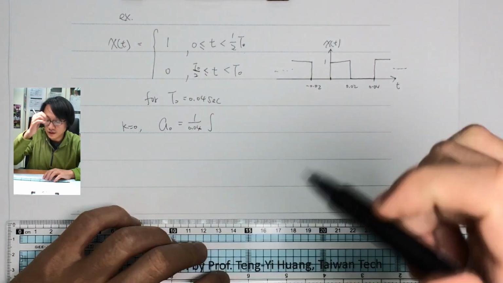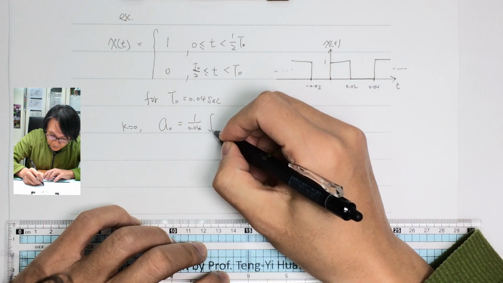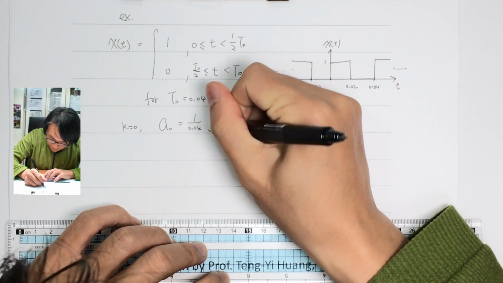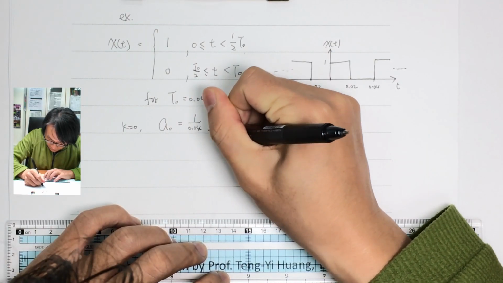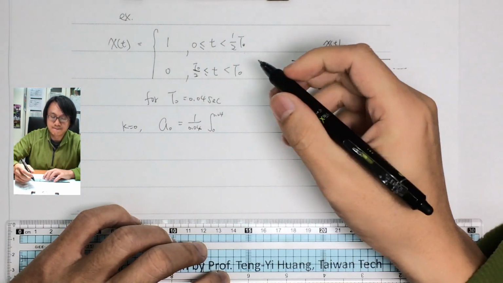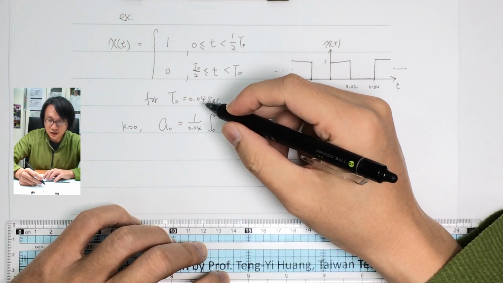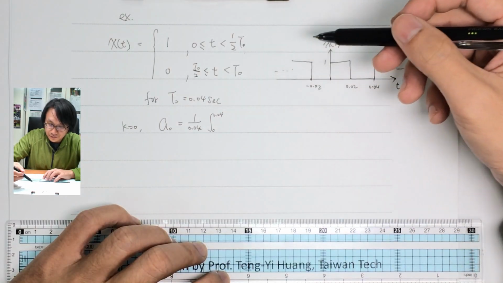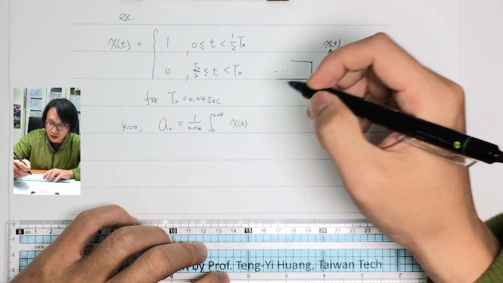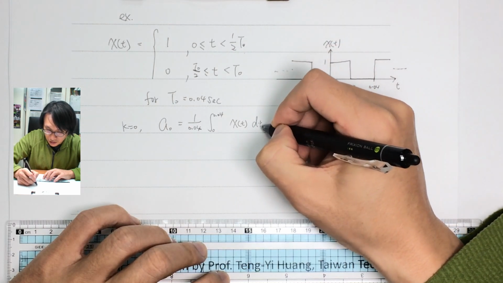So we integrate from 0 to 0.04 of x of t. Then we multiply by the 0th harmonic, which means we don't multiply by anything.